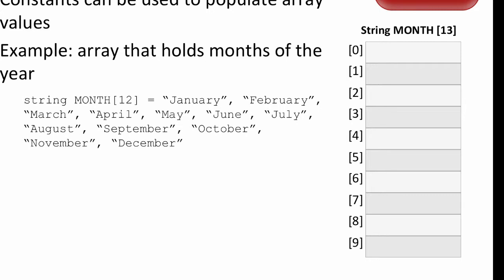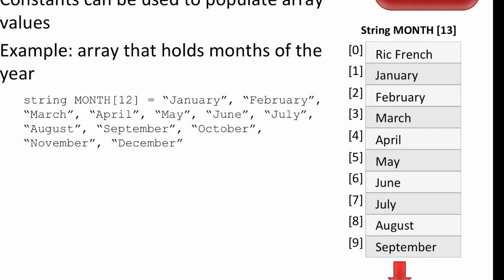Now, if I were going to troubleshoot it, I would expect to see, when I put in month 1, January pop up. But unfortunately, because of the way I've done it with month size 12, I've got January in position 0. So I'm going to make a string array called month, make it 13 big, and put my name in the number 0 position.